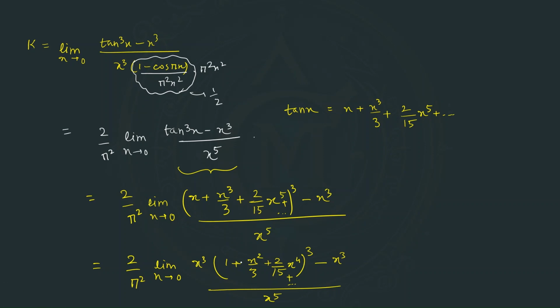Now we can simply use the binomial theorem here, as we know that x tends to 0, so all these terms except this one tend to 0. So we can write (1 plus x) to the power n equal to 1 plus nx when x tends to 0.